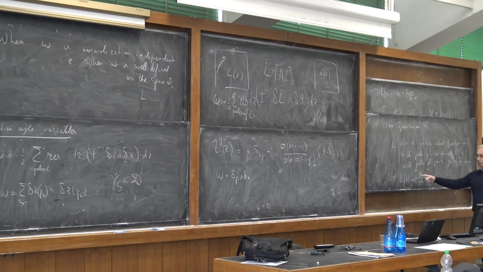Alpha S is a vector, beta S is another vector. Plus L S0 plus O of Z minus Z gamma S. I'm just writing the Laurent expansion of L here.